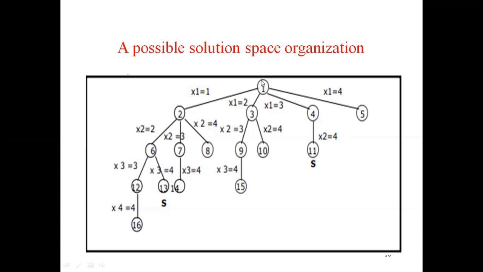We have the values. Now from root node 1, x1 equal to 1, x1 equal to 2, x1 equal to 3, x1 equal to 4. So we consider there are 4 nodes.